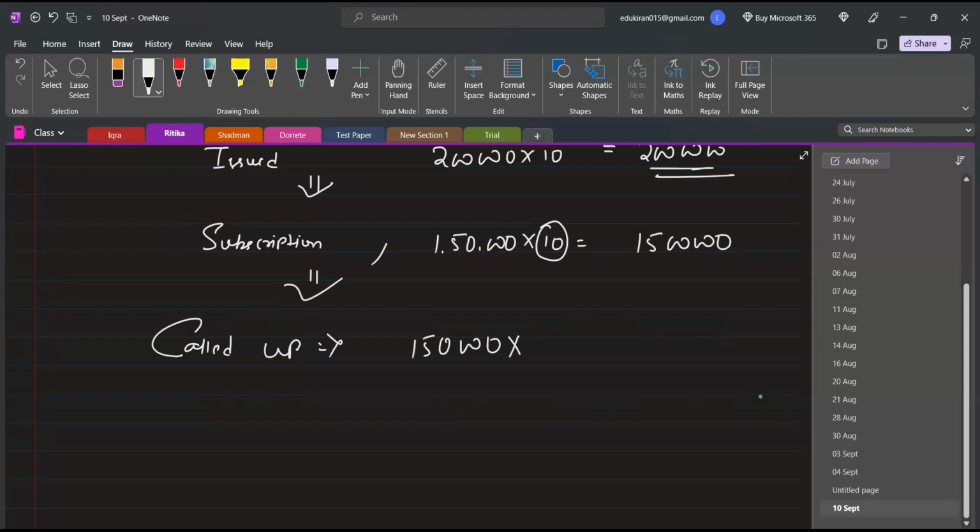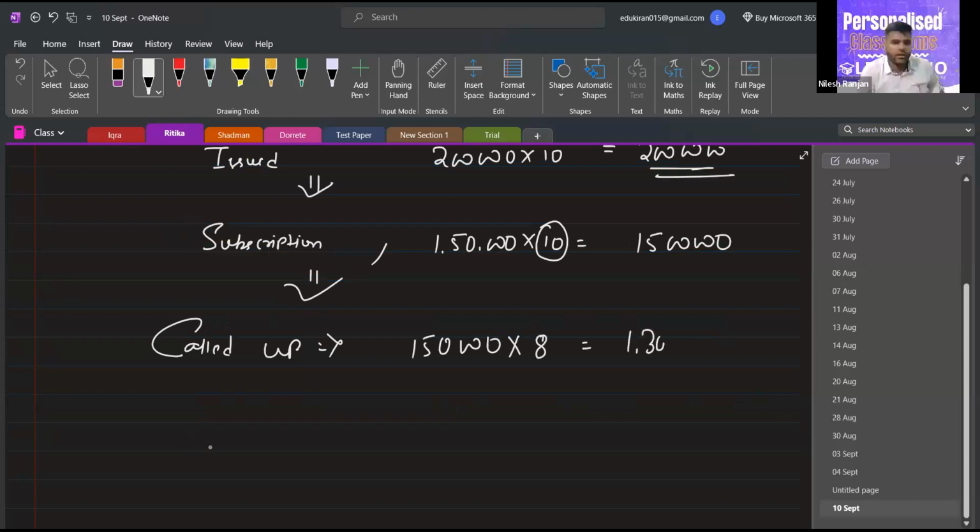After that, there is the concept of paid up capital. Now, if we ask for money from our shareholders, it may be possible that some of the shareholders will not pay the full amount demanded by the company. So total 1,40,000 shares have paid 8 rupees, and the balance 10,000 have paid only 6 rupees.